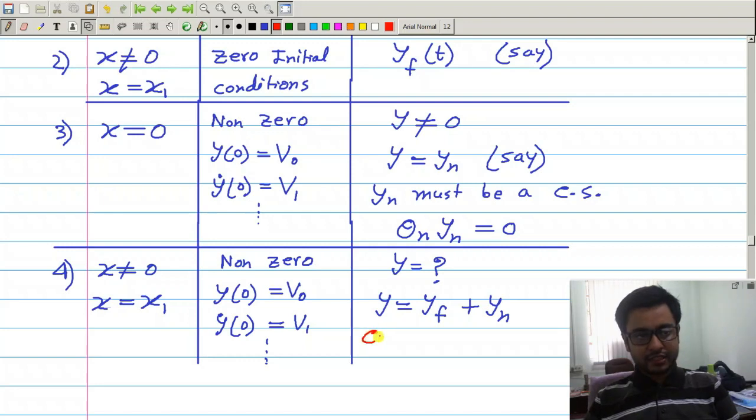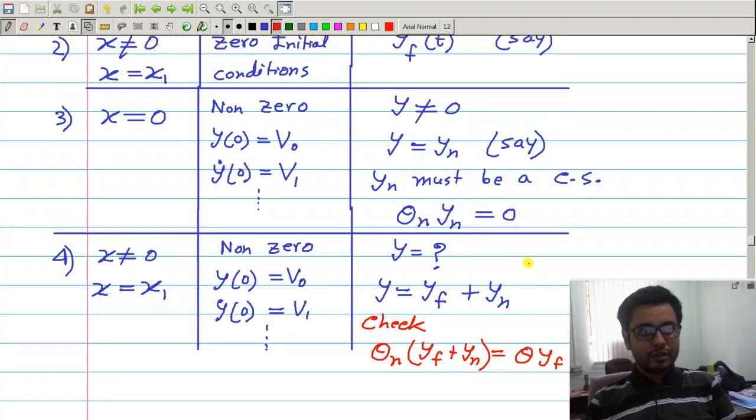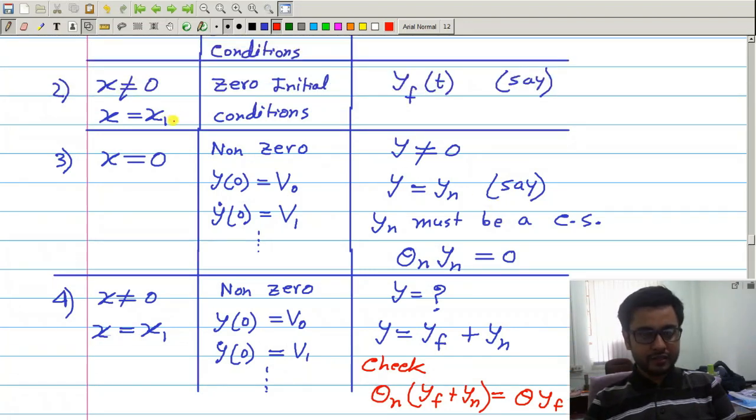You can check it for yourself that if you put here yf plus yn in the system equation, then this will be equal to O of yf plus O of yn, and O of yf should be equal to x1 because yf was the output for x1.